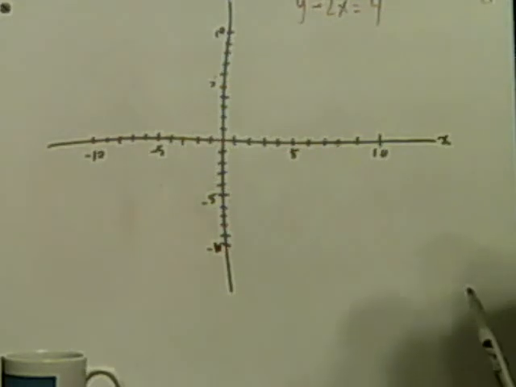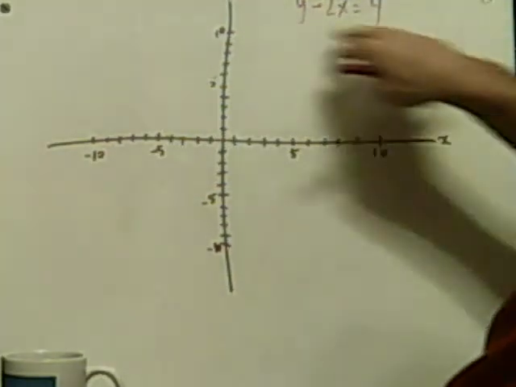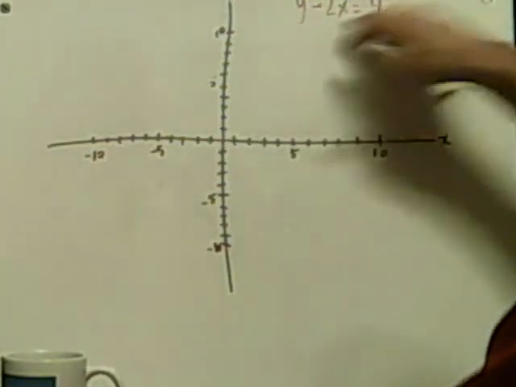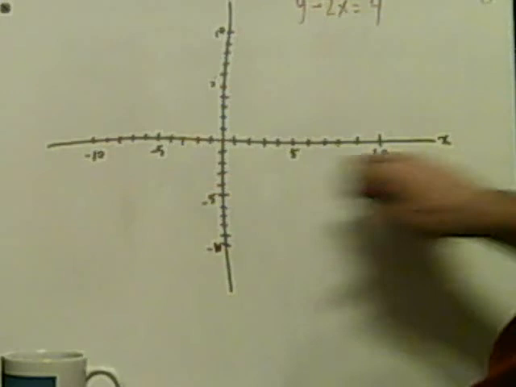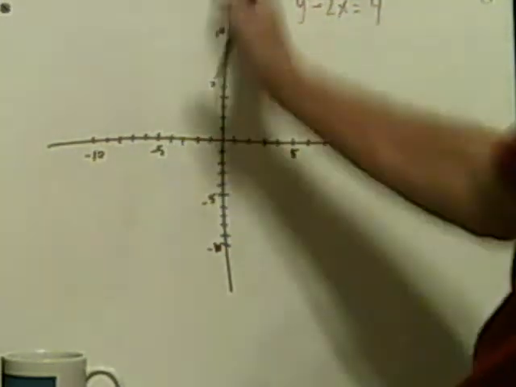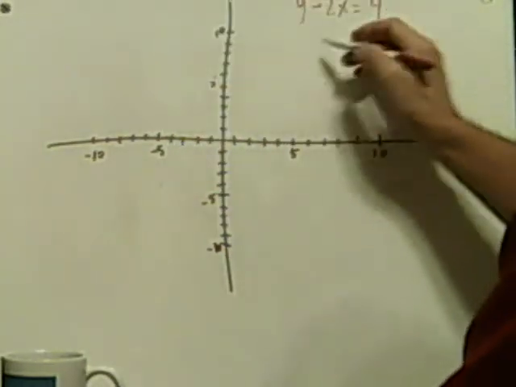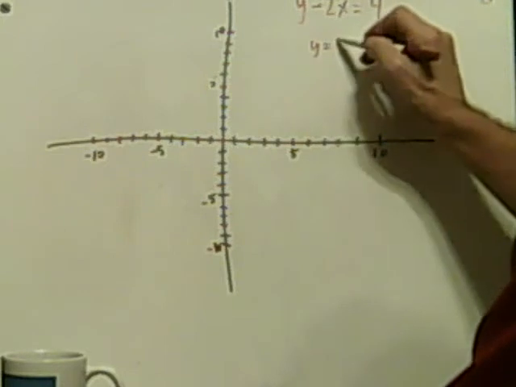So we're going to try to find the x-intercept and the y-intercept. That's pretty good. So to find these 2 intercepts, first, to find the y-intercept, you set x equal to 0, and then solve this equation. So if x equals 0, you get y is equal to 4.